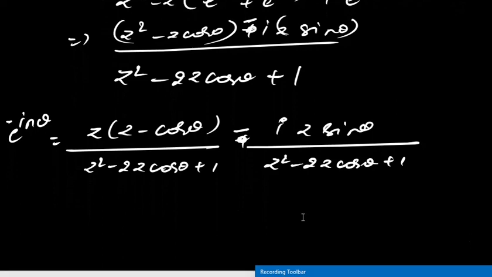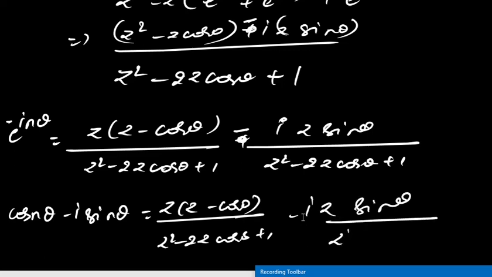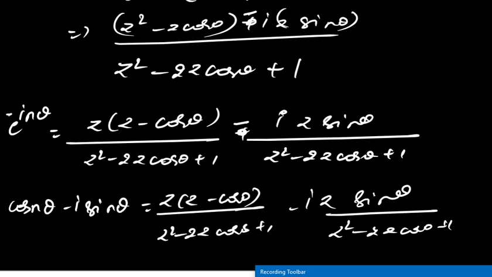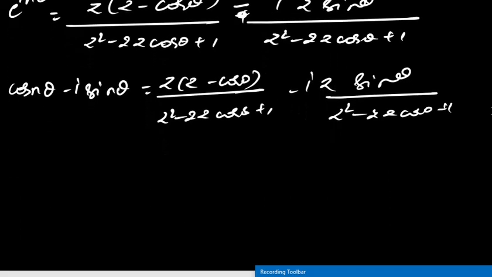So we are going to expand the LHS, so it is cos n theta minus i sin n theta, that is equal to z into z minus cos theta by z square minus 2z cos theta plus 1 minus iz sin theta by z square minus 2z cos theta plus 1. If you equate the real part, you will get z transform of the cosine function, and imaginary part will be the sine function.